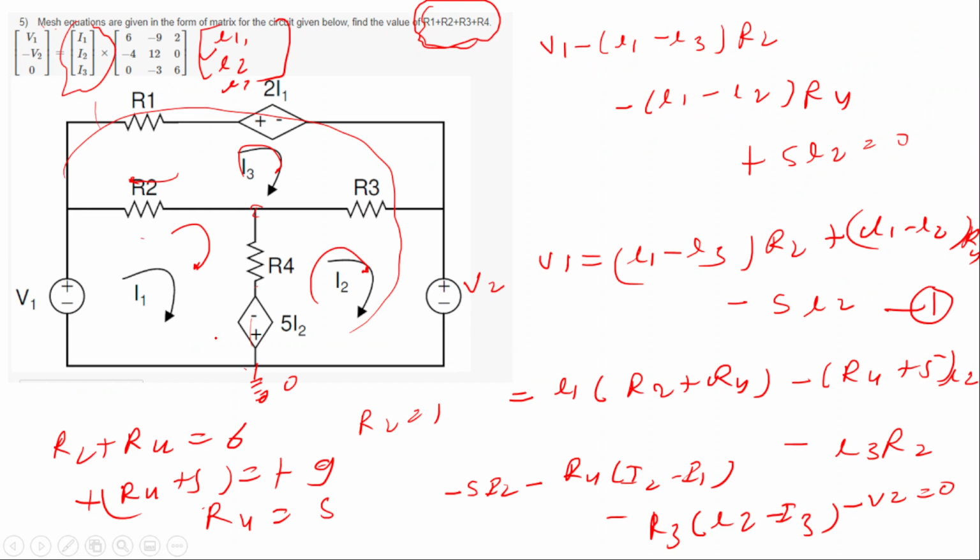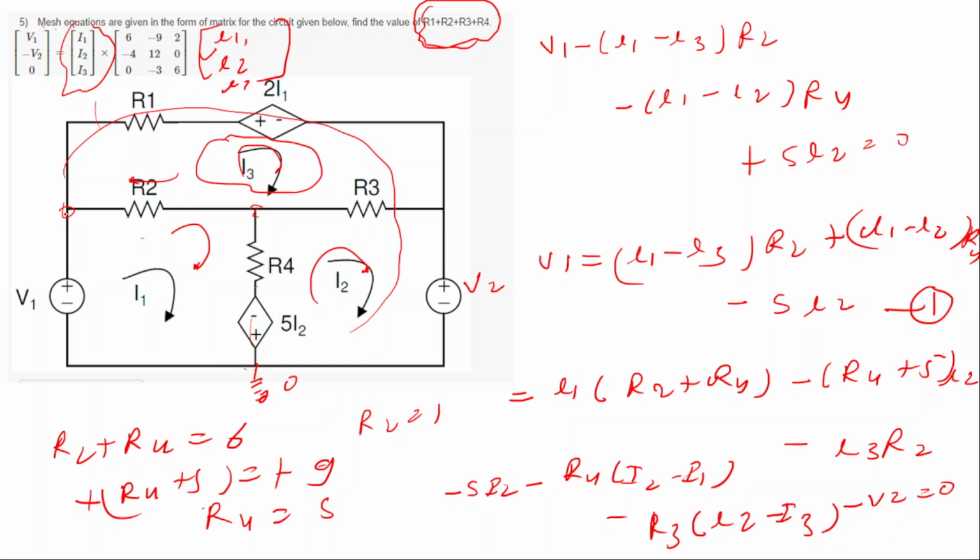Just wait. It's okay, because to write the equation in this form, we need to move in this loop actually. So now let's not move in that loop. We'll start from here.